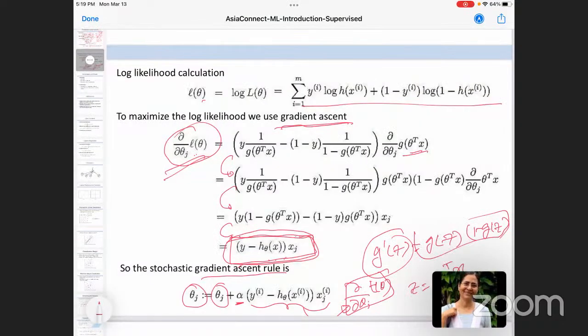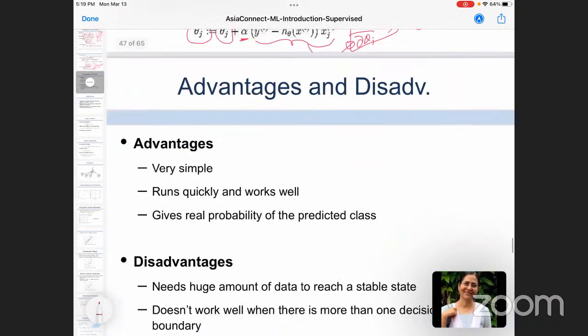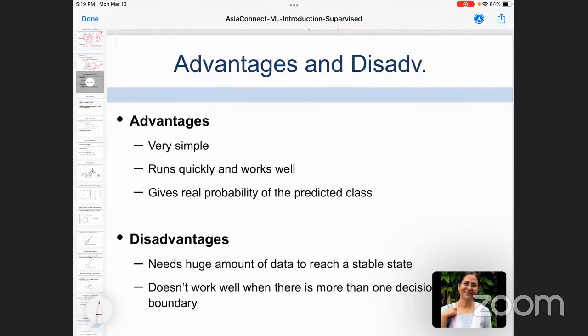Okay, so there are many applications. This logistic regression is very simple, runs quickly, and gives a real probability. Though I'm giving output 0 or 1, basically it gives you a probability.